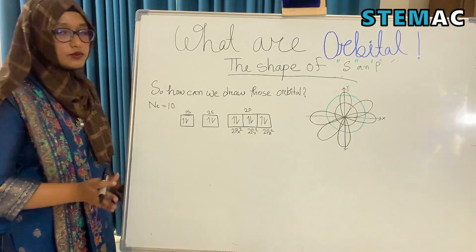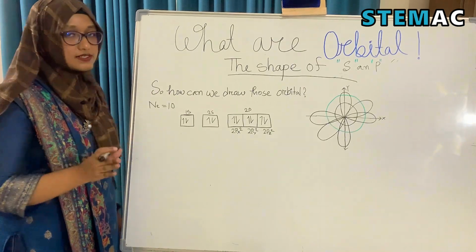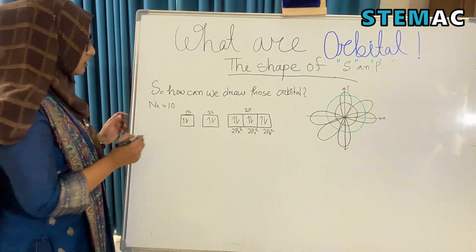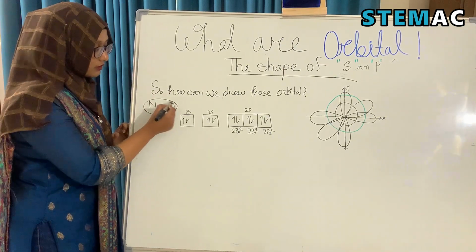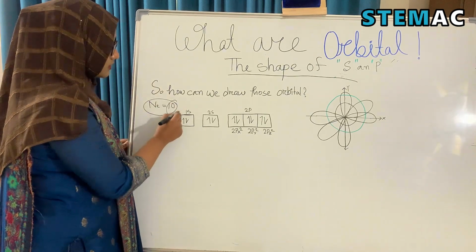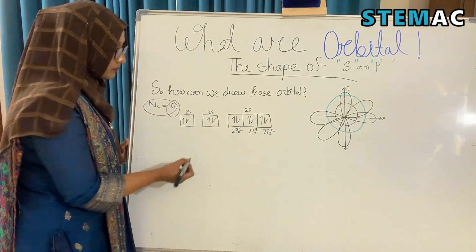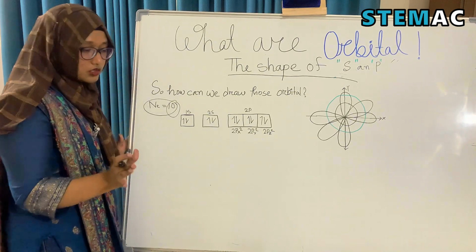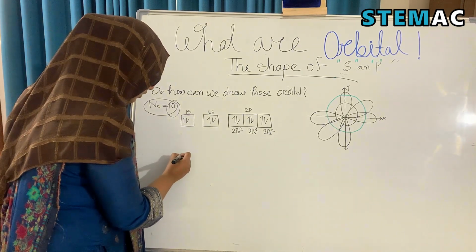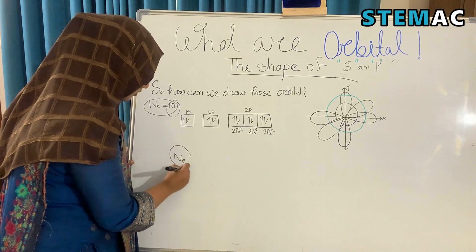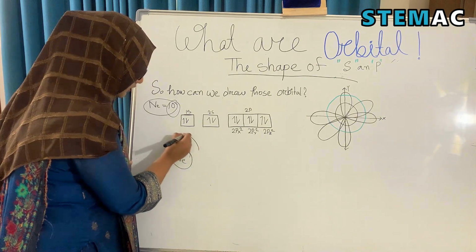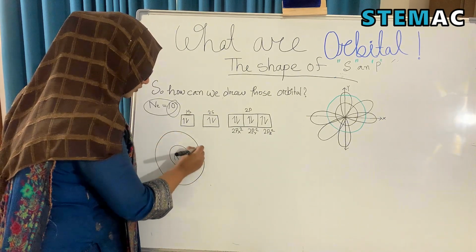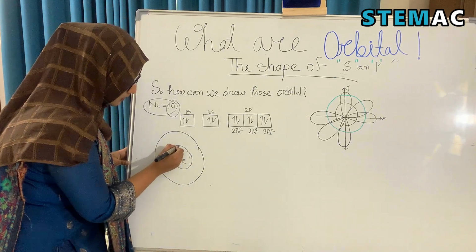We're gonna use that knowledge about s and p orbitals and solve a problem here. So here we have neon, which consists of 10 electrons. We're gonna think normally about how we situate our electrons. In the first layer we're gonna have 2.